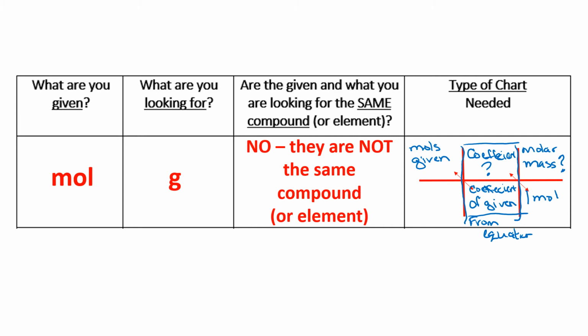So step 1 converts moles of 1 to moles of 2, and step 2 converts the moles of 2 to the grams of 2.